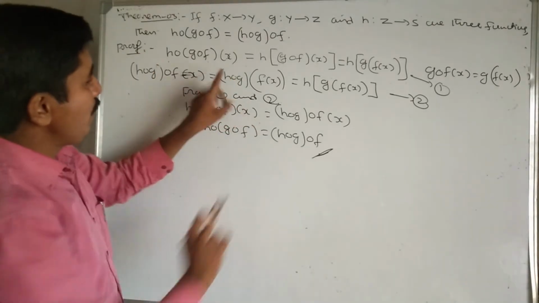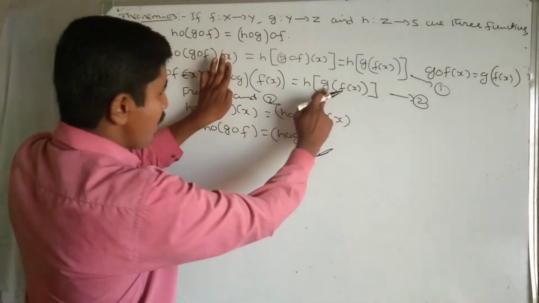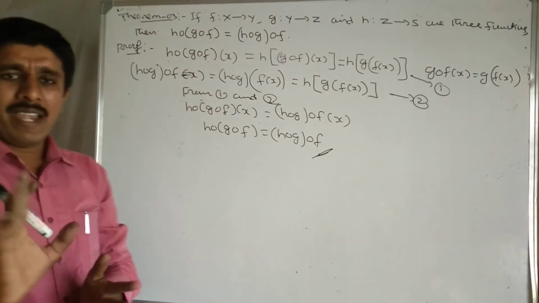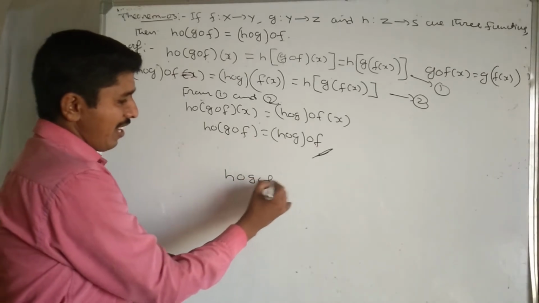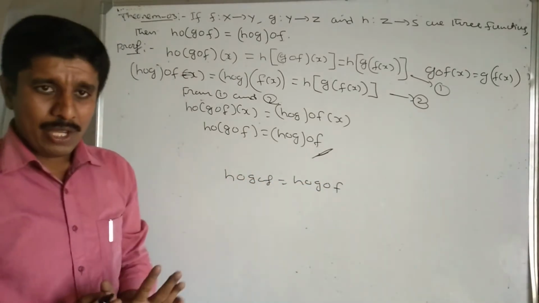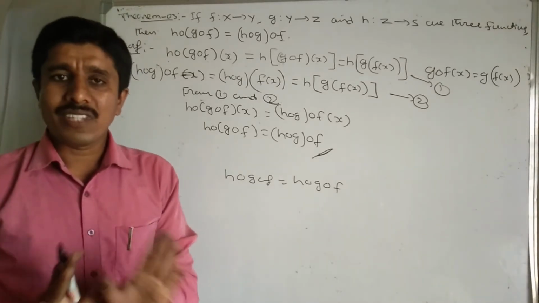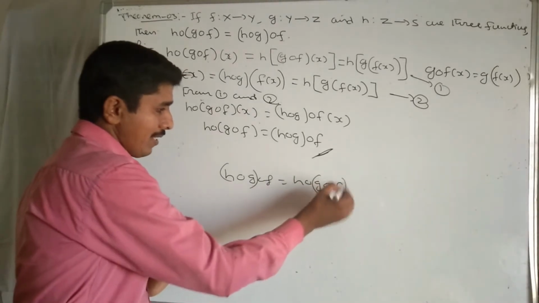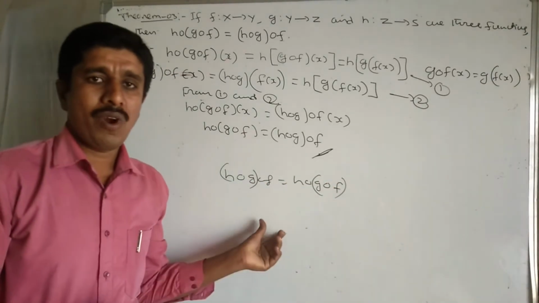So next, remove the composition: h of g of f of x. From 1 and 2, LHS equals RHS. Mind it, if you take three functions in order, h, g, f, and you put brackets anywhere, then the value remains the same, it doesn't change. Suppose like this, then clearly LHS equals RHS. Important concept.